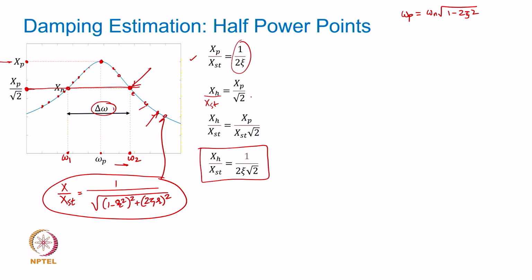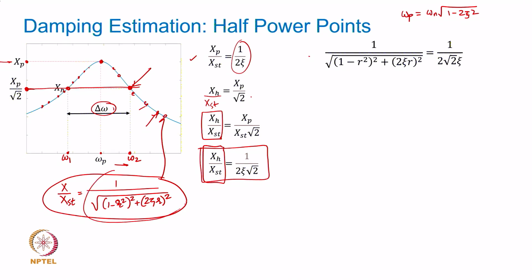If it is valid for this point, and that point is the half power point, then I can write this half power point ratio as this expression and equate it to the right hand side expression, because then this is going to be rh.